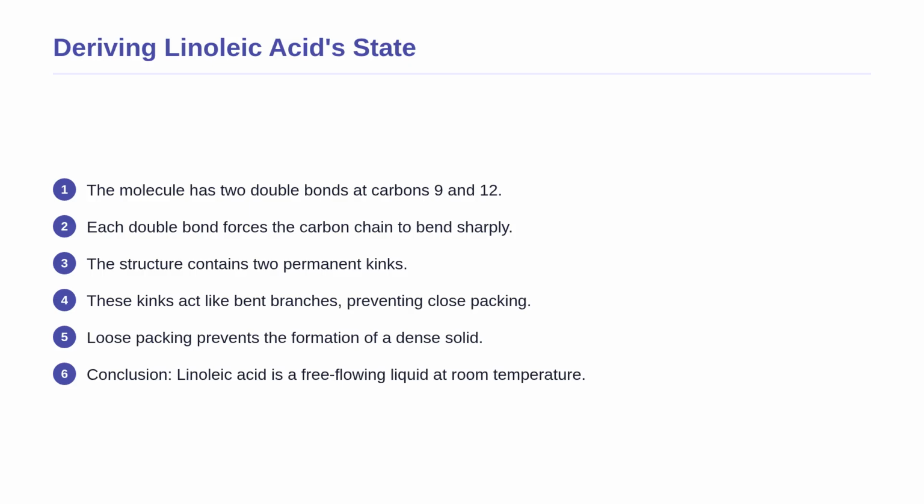These kinks act exactly like the bent branches from our earlier analogy. They physically push neighboring molecules away, preventing them from packing closely together. Because they cannot pack tightly, they cannot form a solid structure. This loose packing is exactly why we can conclude that linoleic acid is a free-flowing liquid oil at room temperature.